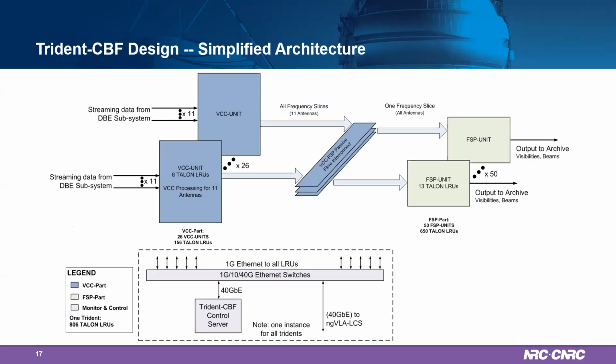So this is the simplified architecture. It shows all the 26 VCC units that are processing 11 antennas each, the passive interconnect between there and the FSP units, and then the data product coming out of each FSP. And for each Trident, so this shows one Trident, there are 806 Talon LRUs.